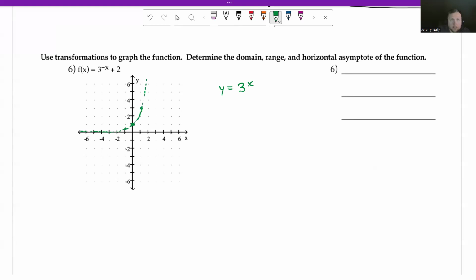And then to the negative x, that's going to be a reflection across the y-axis.